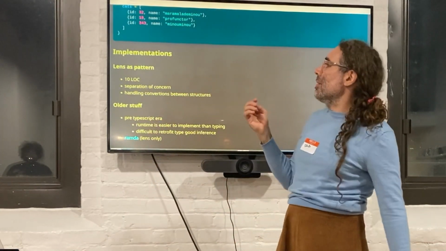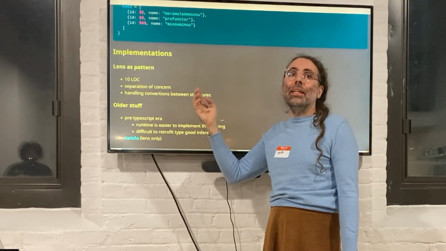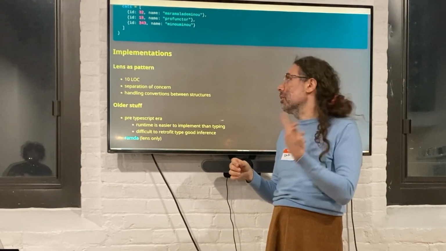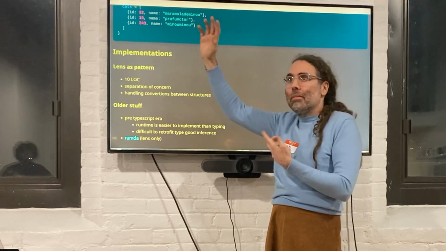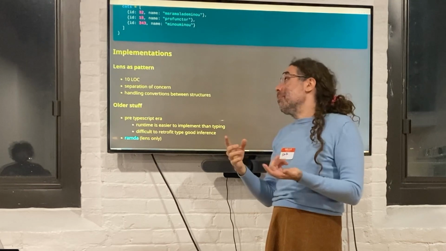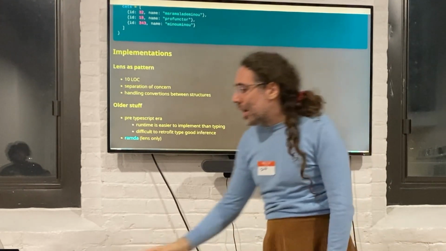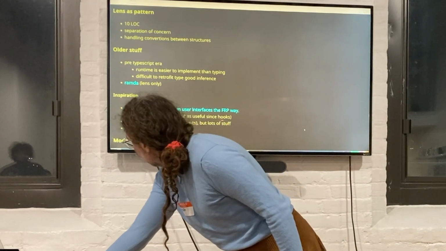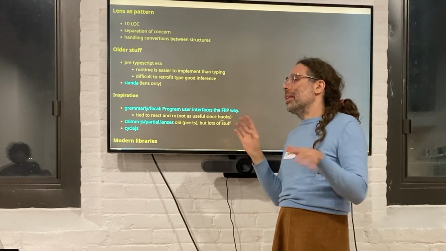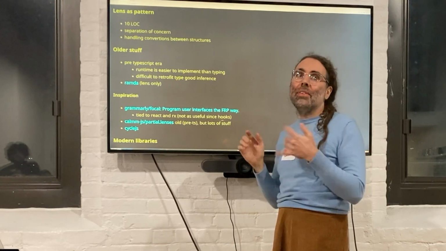So, implementations. Of course you can see lens as a pattern, meaning if for some reason you cannot add another dependency to your library, you can just write a simple 10 lines of code utility and your code might look really cleaner. Then if you do a little bit of research on GitHub, you will find tons of lens libraries in JavaScript from like 5 years ago and older.